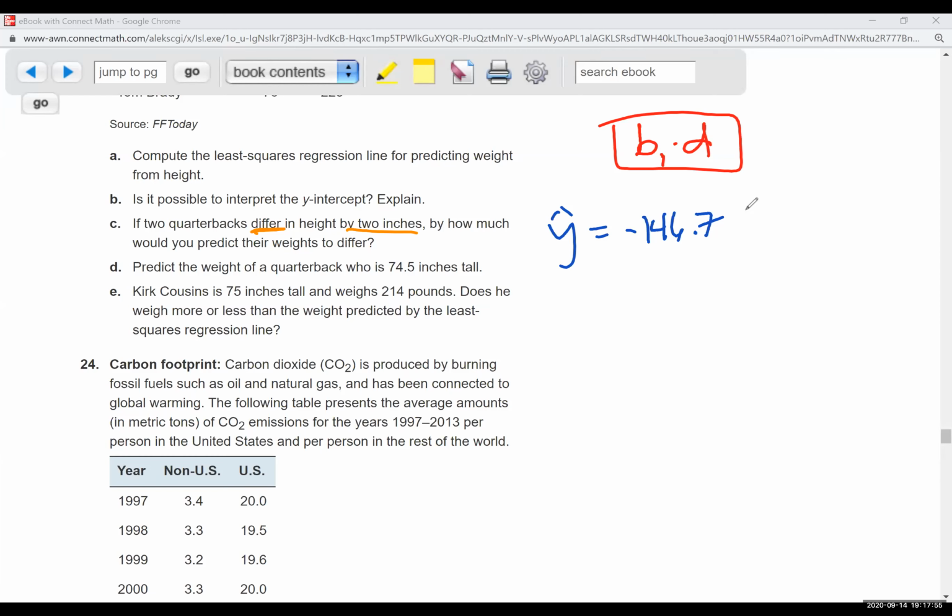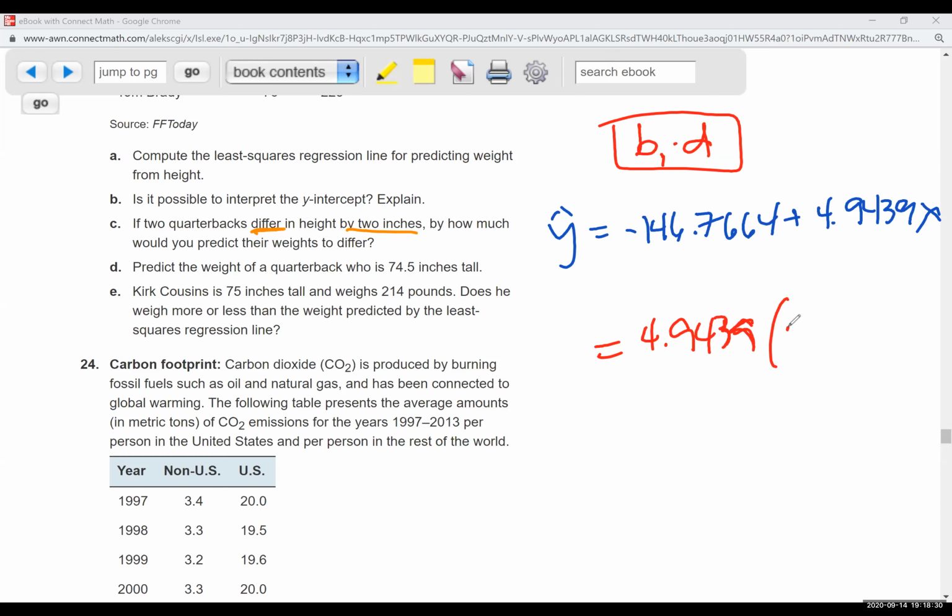What are the decimals again? 7664 plus 4.9439x. So the slope is 4.9439. To use this formula, 4.9439 times the difference, which is 2 inches.